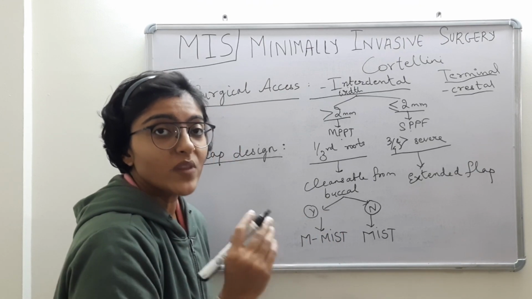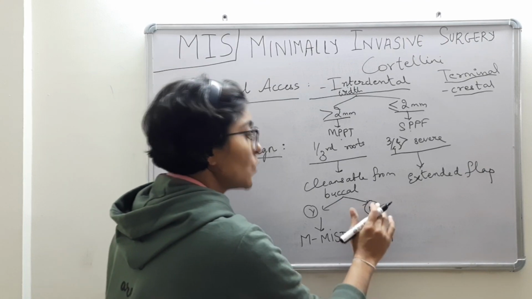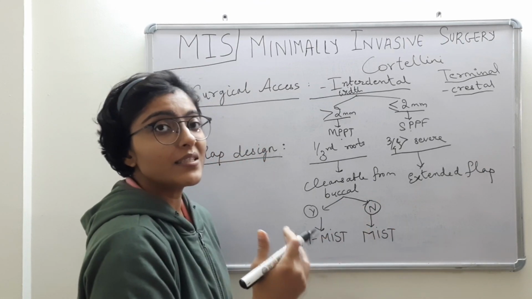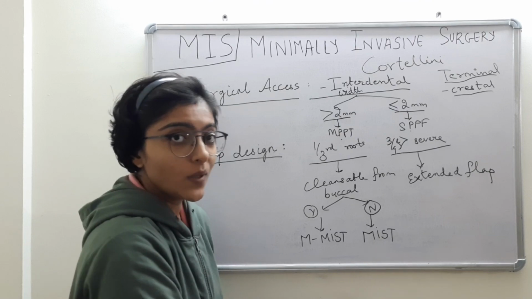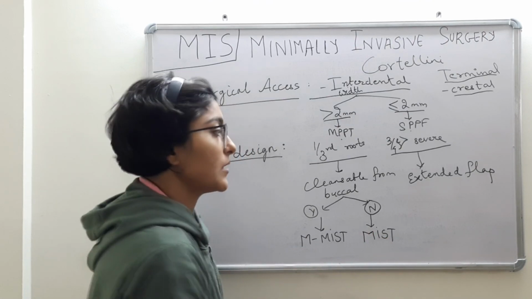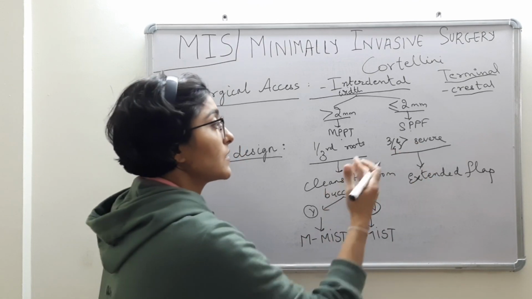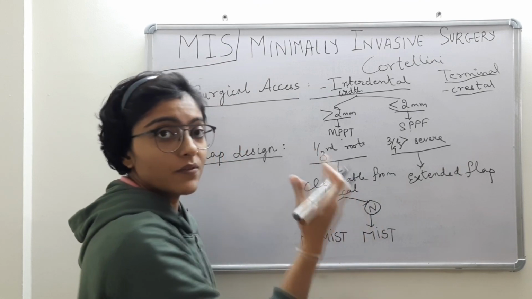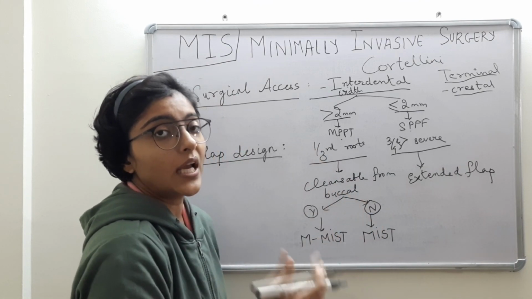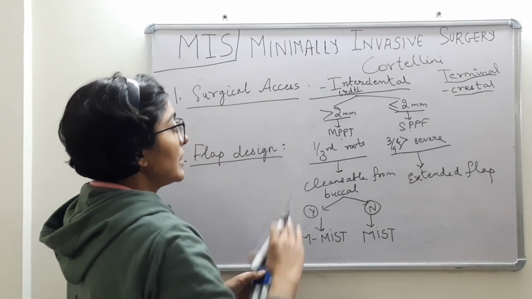If yes, then we perform modified MIST in which only buccal flap is raised. But if it is not cleansable from the buccal aspect, meaning it is more towards palatal or lingual aspect, we perform MIST in which both the flaps are reflected. But if the defect is a bigger one and it is widespread, that is located 3/4 of the roots and severe, then extended flap is our choice.